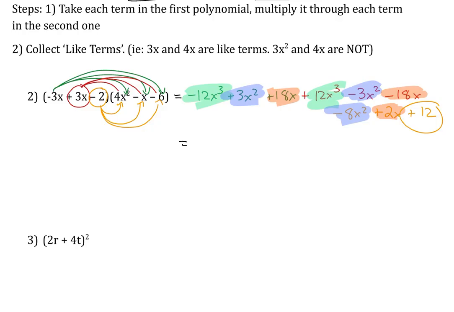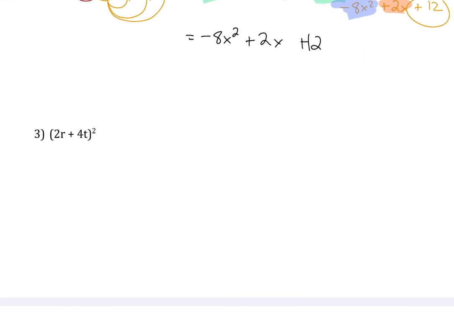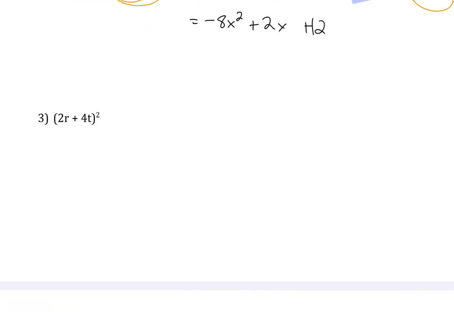Minus 8x squared is going to be negative 8x squared. Now we're going to look at these orange ones. Positive 18 minus 18 plus 2 is going to be positive 2x. Then we just have this 12 all by its lonesome. And that's that. There we go. That's our answer.